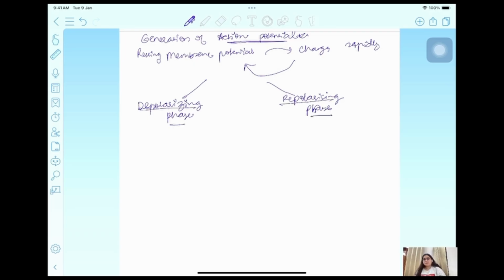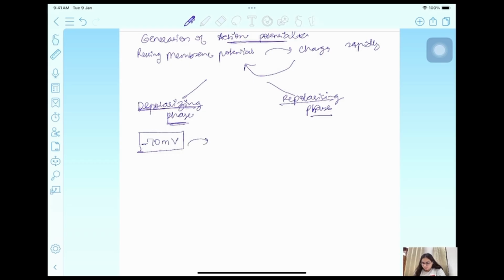As I have already told you, a polarized cell is a cell having a membrane potential, which means there is a difference between the number of positive and negative ions inside or outside of the cell. Now, what does the depolarization? The resting membrane potential in most of the cells is minus 70 millivolts.